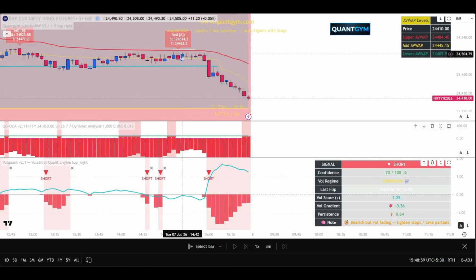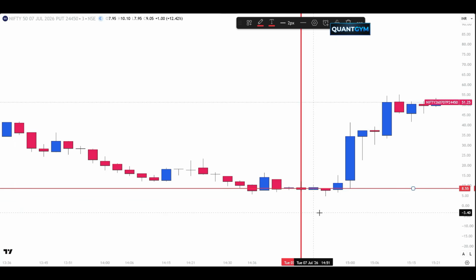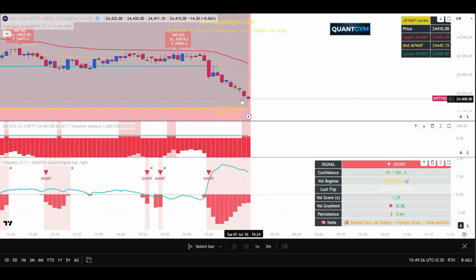I'm picking up the ATM put when this signal is coming. If you're seeing futures out here, implied and spot was actually 50 points down, so your ATM was actually that 450 put. So if you bought the put out here, thinking that 8 rupees or maybe 4 rupees stop loss I can keep, and then wait, from there this jumped initially to 38, then went up to 54. This move got tracked by this particular put.